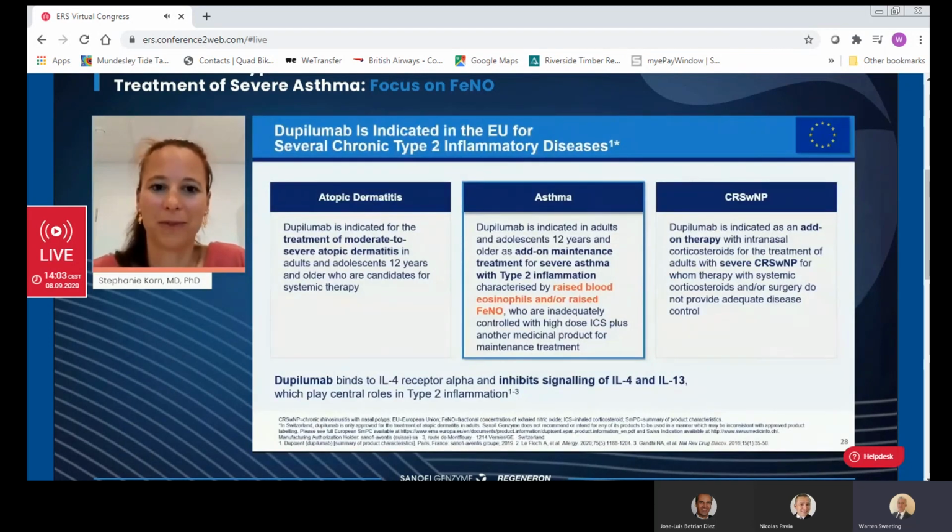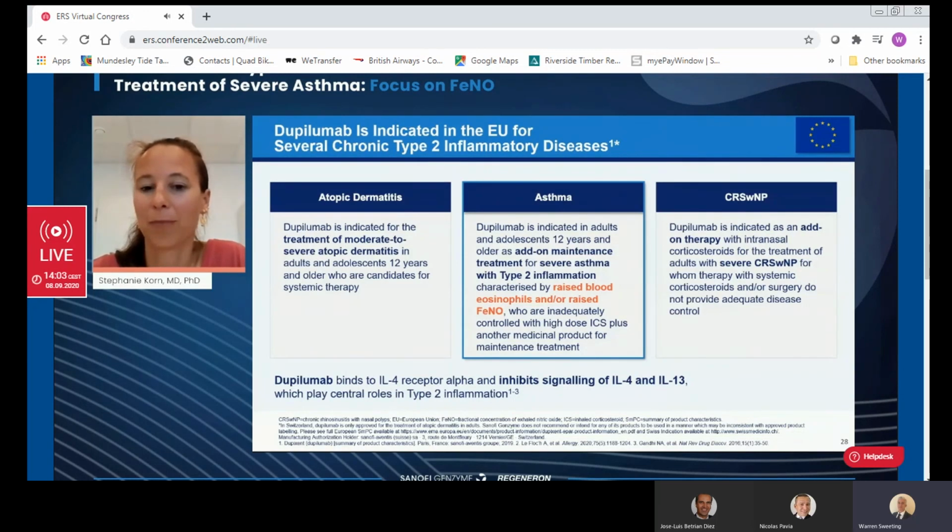So first of all, I just want to start with the dupilumab history that we had in Europe. First, we had the approval for atopic dermatitis. So patients with moderate to severe atopic dermatitis, 12 years and older, are candidates to be treated with dupilumab.